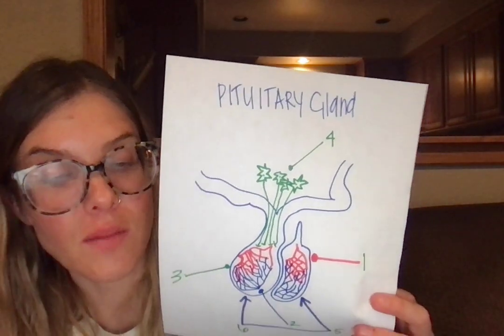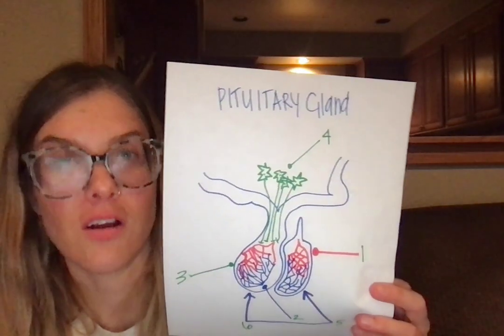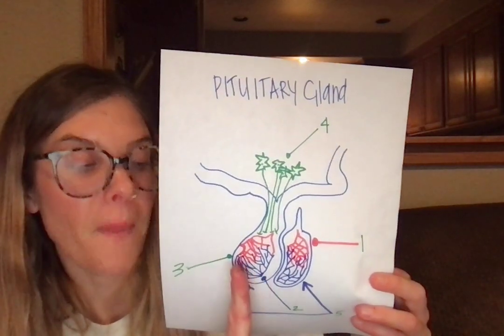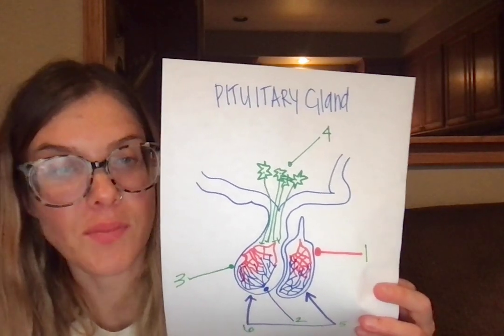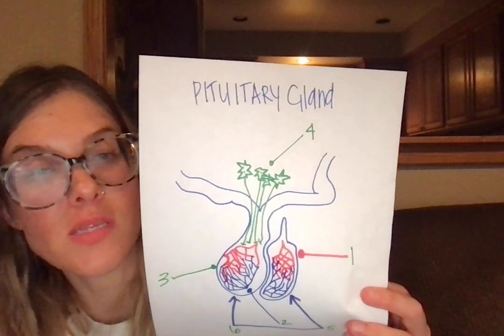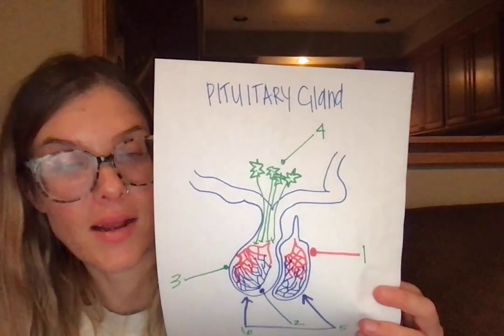So the hypothalamus and the pituitary gland help each other out. The anterior pituitary gland also produces prolactin. This is a hormone under the direct control of the hypothalamus as well. It produces dopamine, which inhibits the release of prolactin.